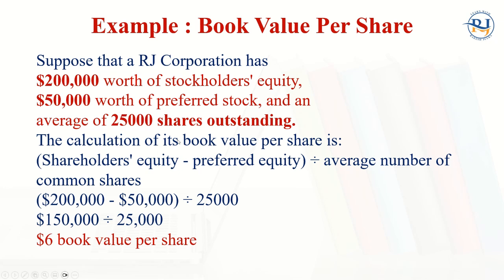The calculation of its book value per share will be the shareholders equity minus preferred equity. It means $200,000 minus $50,000 divided by 25,000 common shares, which is the average number of common shares outstanding. Then the last result will be $6, that will be the value per share, the book value per share. So in this way, this is calculated.